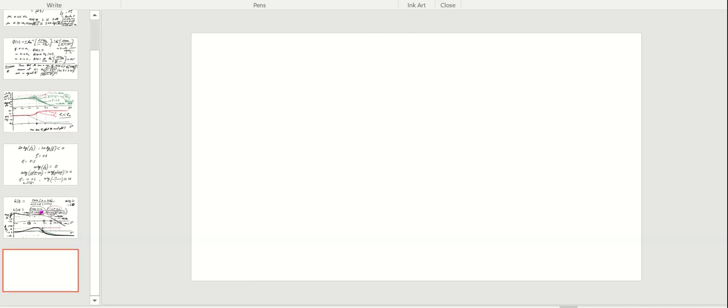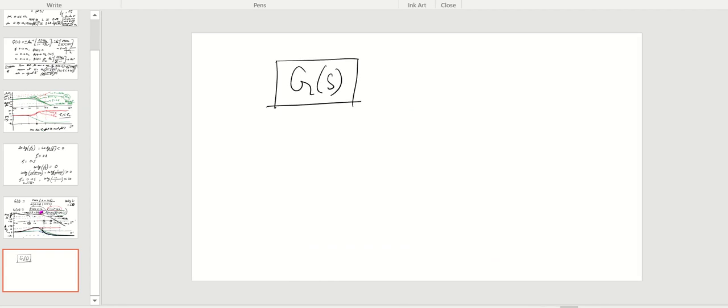So, a final word before we conclude. All of this has revealed to us that if we are given a particular G(s), then we know how to sketch its Bode plot. Remember, we started motivating this topic by saying that it's quite the contrary.